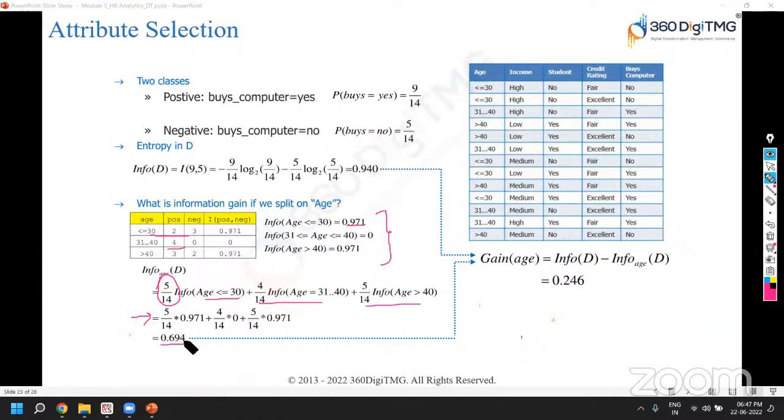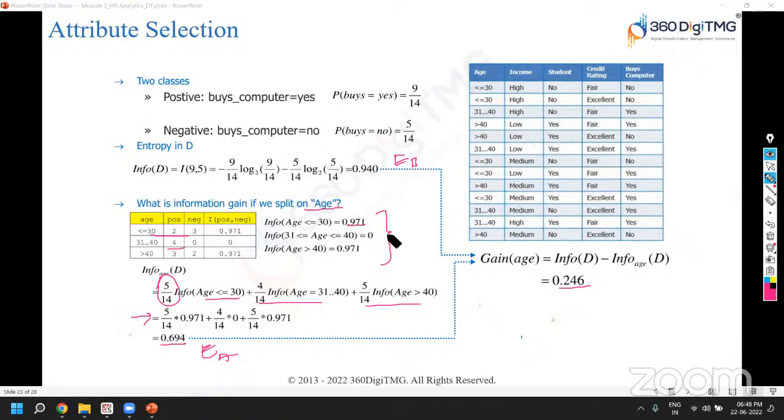Now, when you do the calculation of entropy before, this is entropy before, this is entropy after, we will take the difference between these two and get the information gain for the age column, because we are using age to make the partition.